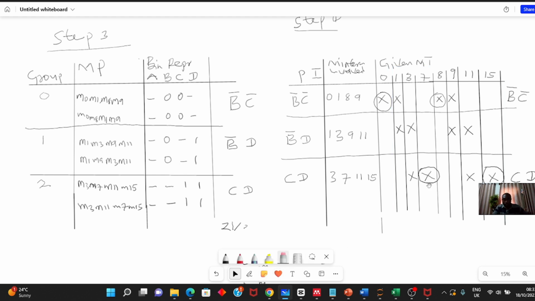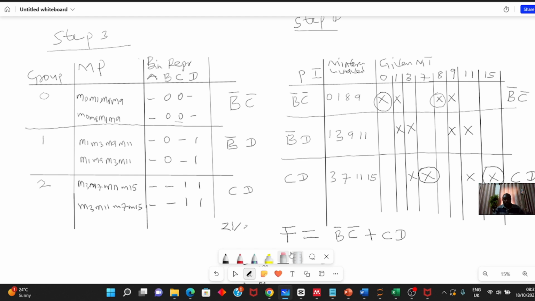And then for the final expression, F is equal to B bar C bar plus C D, which can be verified using KMAP.